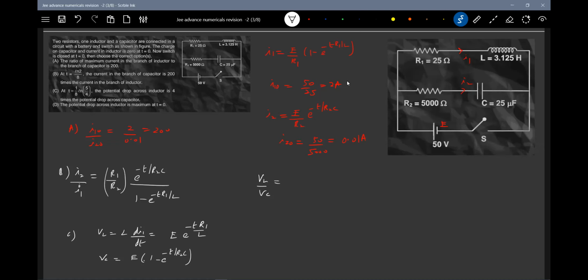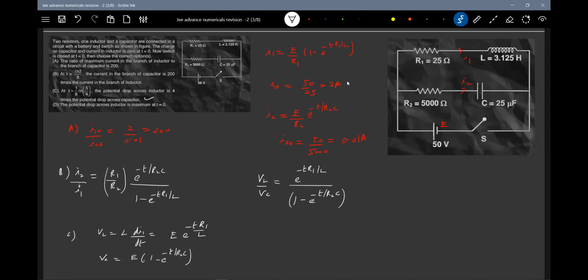The E will get eliminated. E to the power of minus t R1 by L. Solving this, we have to verify. It's all about calculations. Is option C coming?